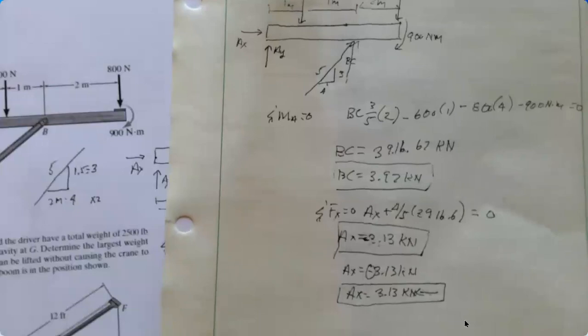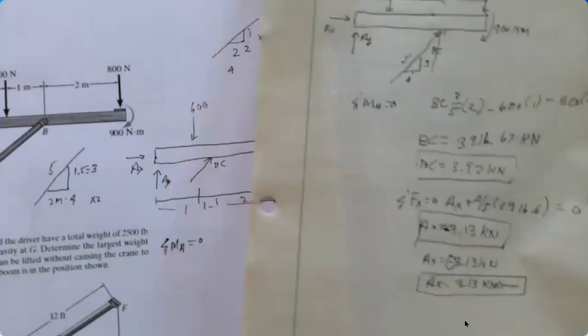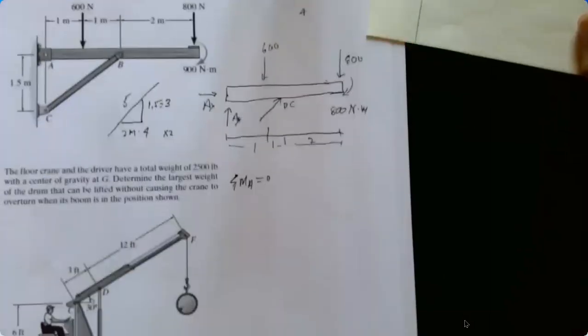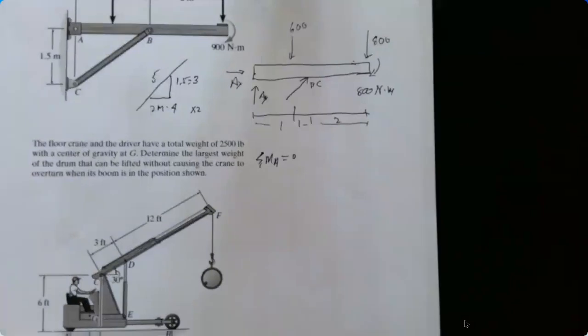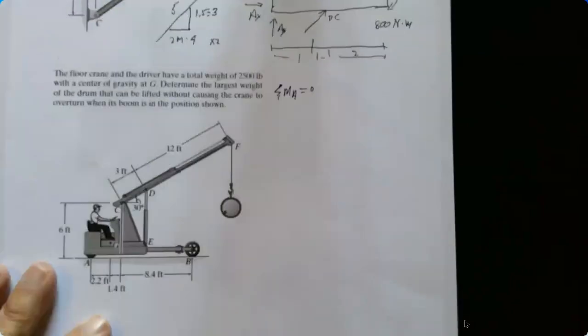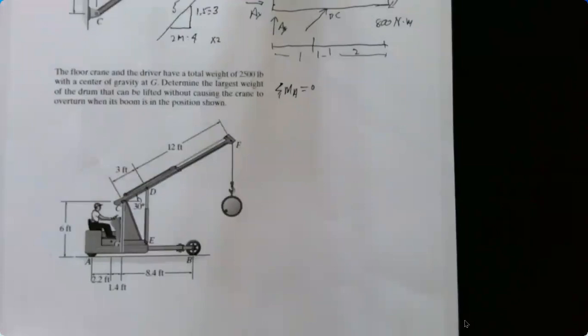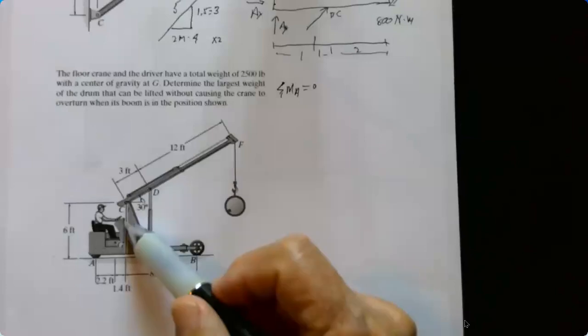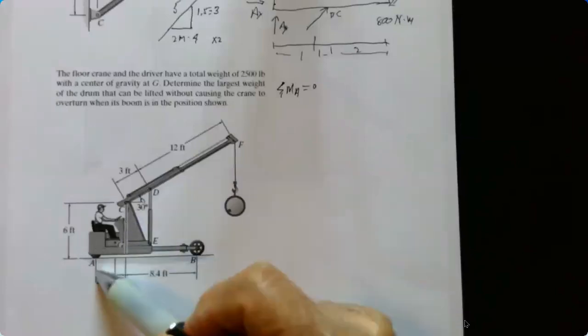So let's take a look at this second problem that I have down here. It's an interesting problem. The floor crane and the driver have a total weight of 2,500 pounds. This is acting at the center of gravity, which is located here, this distance from this rear wheel.